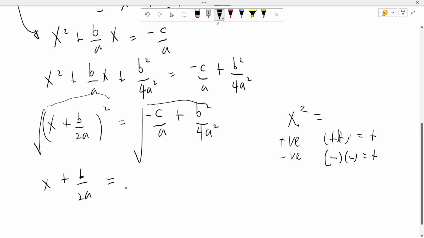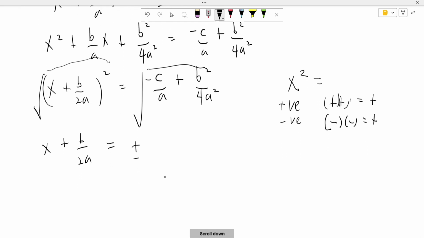So that means you have plus or minus when you take the square root, because the number can be either plus or minus, they can give the same answer. So when you take the square root, actually before we take the square root, let's just make the denominator the same and combine these terms.